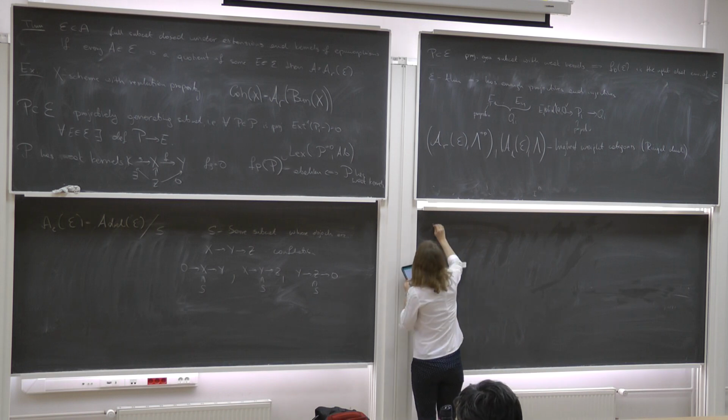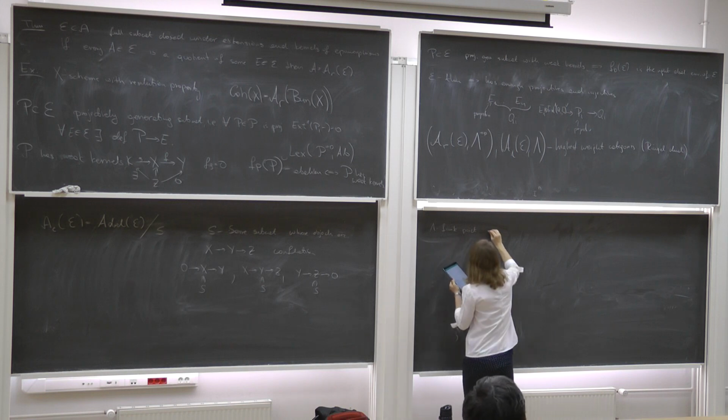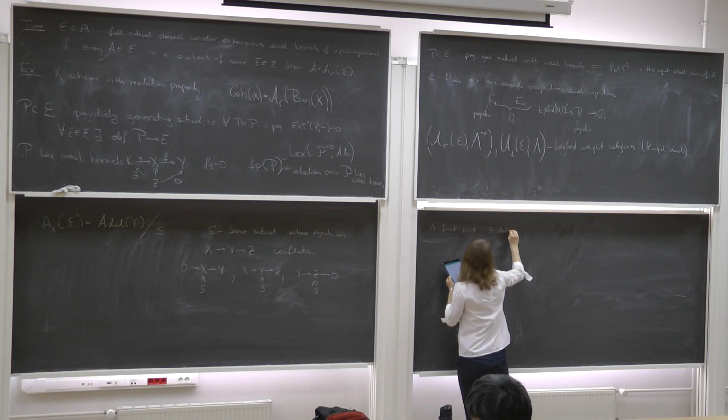So Lambda is a finite poset, and A is abelian.